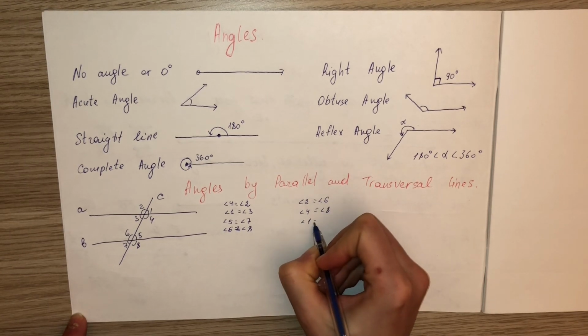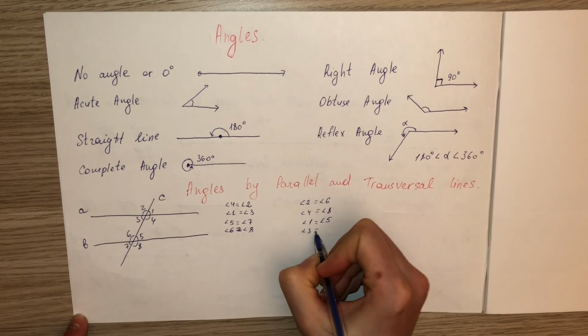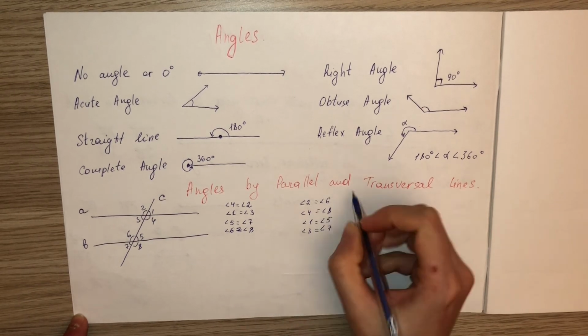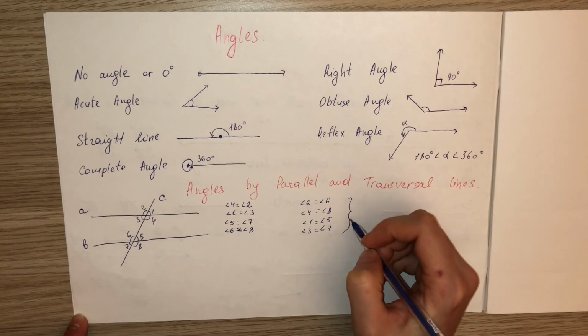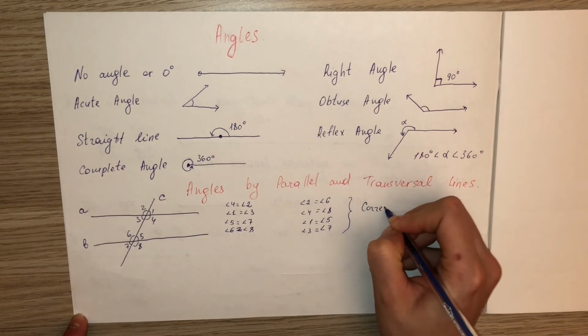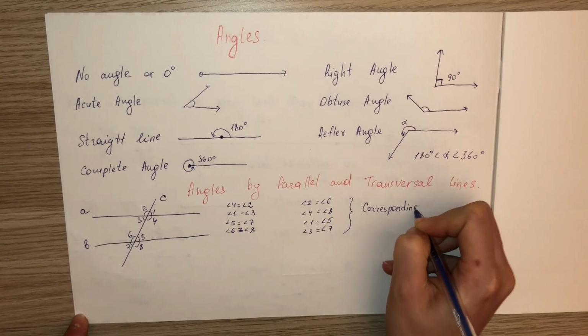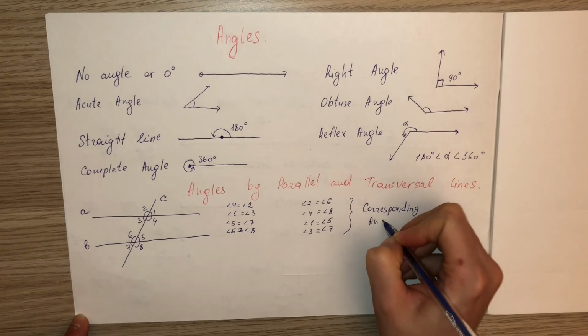Angle 1 is equal to angle 5. And angle 3 is equal to angle 7. These angles are called corresponding angles.